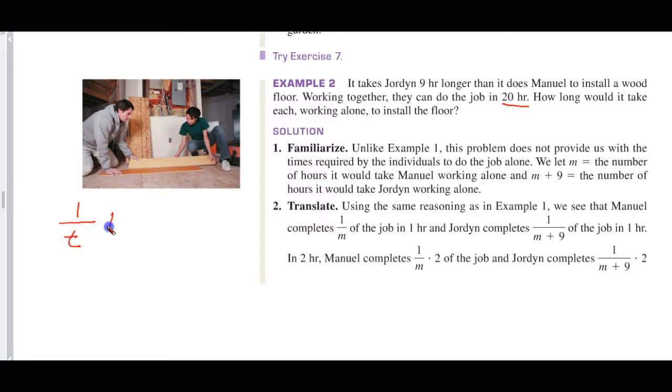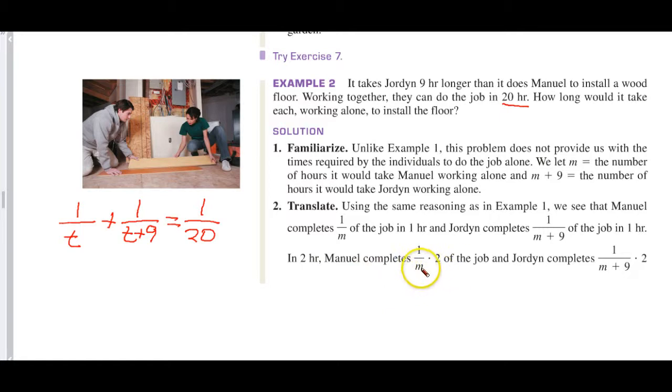The other person's rate is going to be 1 over T plus 9 hours. And that will equal, getting the job done together is 20 hours. So there's the basic formula using the technique that we had used before.